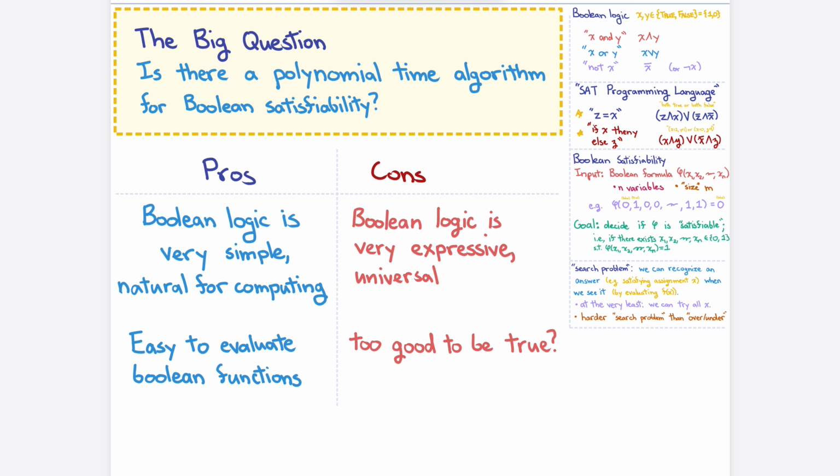So at least the input format is very convenient. But the con is, Boolean logic is potentially very expressive. We didn't do the full exercise of building a whole programming language, but we did some primitives that show that there's more than meets the eye. And there is some risk of being too good to be true.